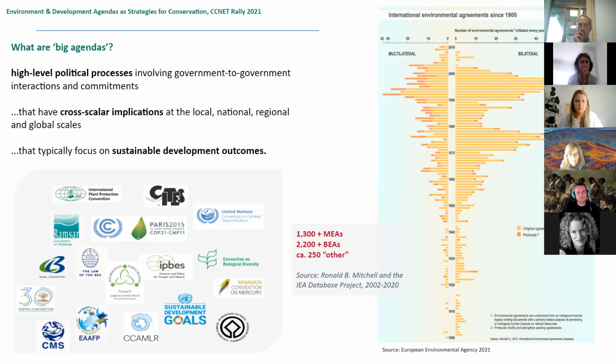It's really interesting because you can see there's a plethora of agreements out there and in development since the 1900s. They're very high profile, they're controversial, and a significant amount of resources are used to move them through negotiations and ratification.